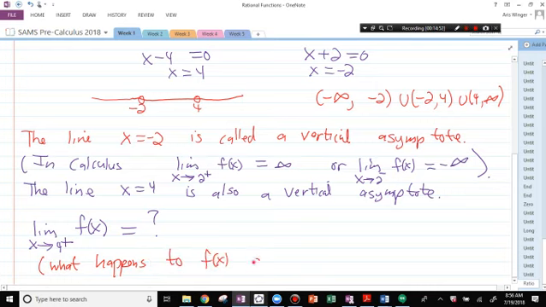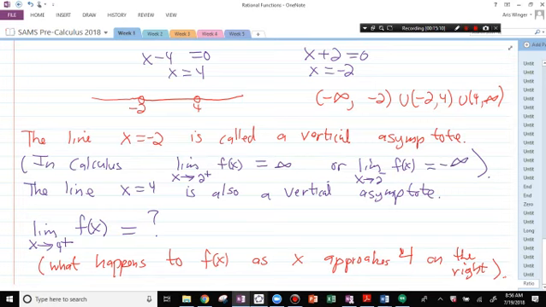F as x approaches 4 on the right. So this is how it's going to appear in calculus. The limit is x goes to 4, and then they have a little plus sign here of the function, right?